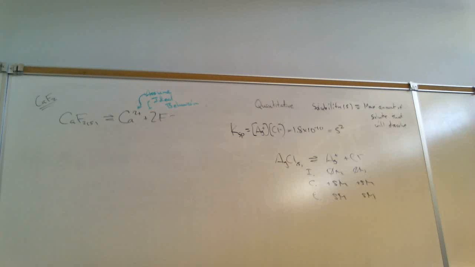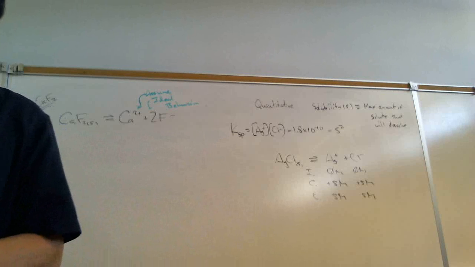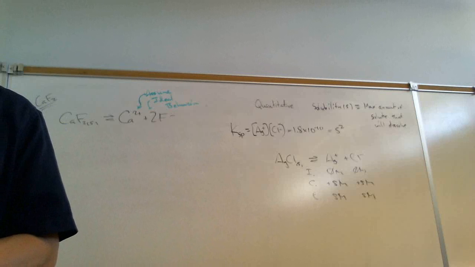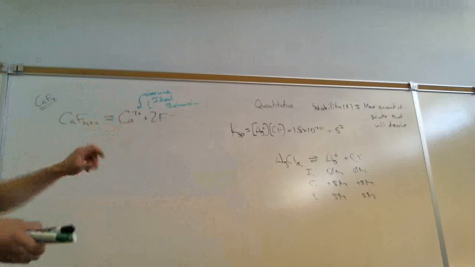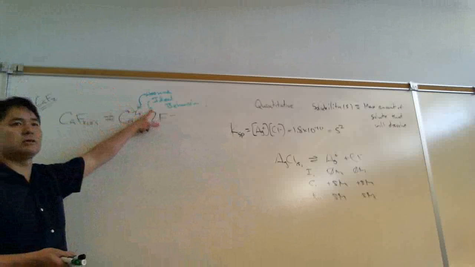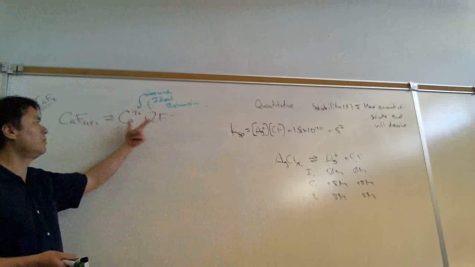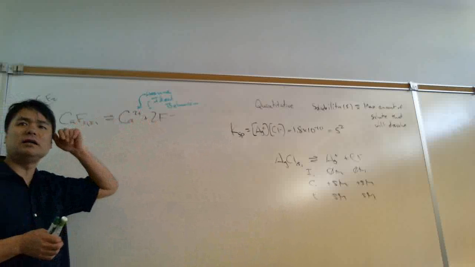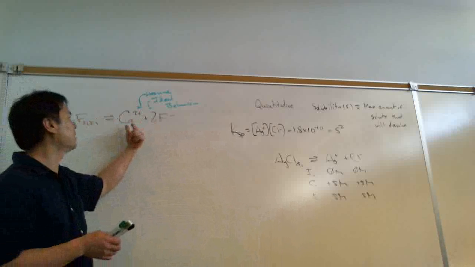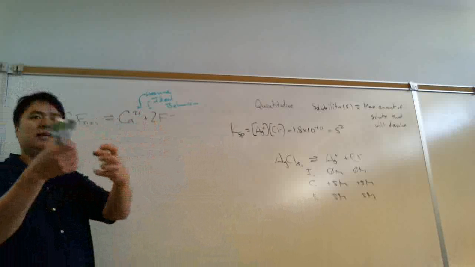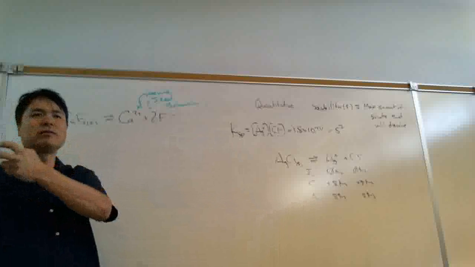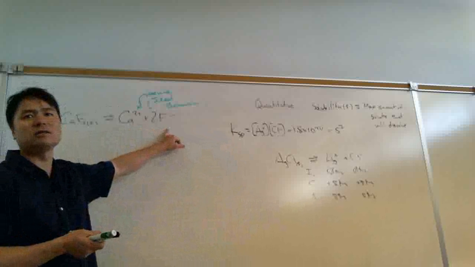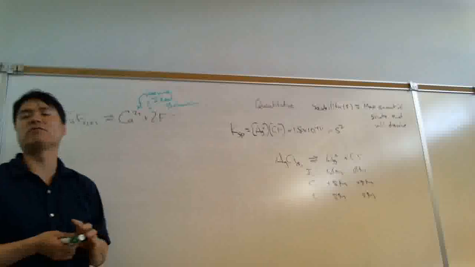We should be using activities, but we aren't. We're using the ideal concentrations. For every mole of this, we get 1 mole of this and 2 moles of that. That's ideal. But in reality, there could be other species, like a calcium linked with 1 fluoride, floating around. Those other species are going to change the activity of the calcium ions and fluoride ions. We should compensate for that, but we aren't.